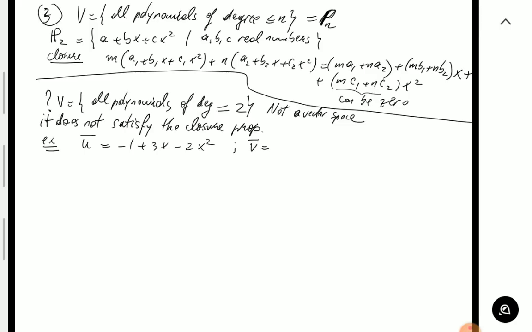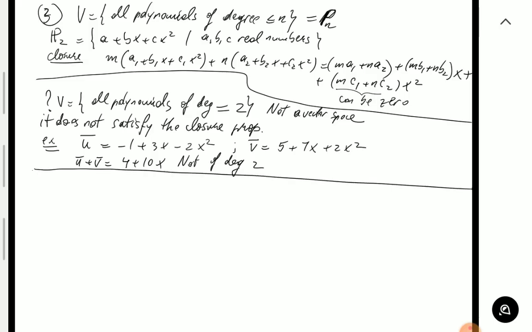And the other one, v, is 5 plus 7x plus 2x squared. If I add the two, I get minus 1 plus 5, which is 4; 3x plus 7x is 10x; and the x squared terms cancel. So this is not of degree 2, and that's not a vector space.